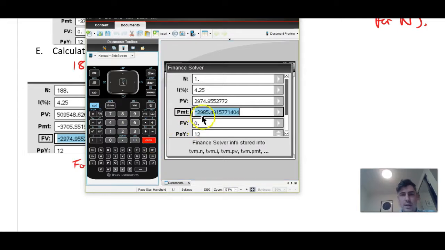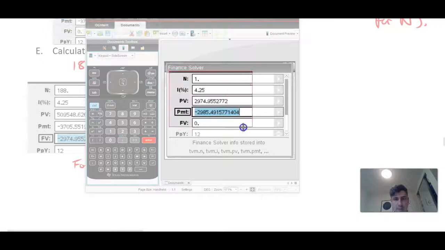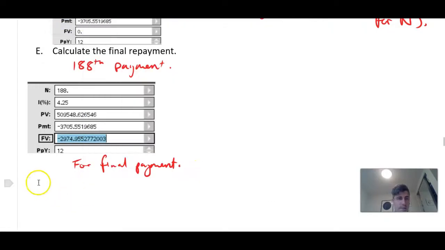Enter. And you can see here that even though we owed 2,974, they're going to charge us 2,985 because we left it one more month. And that's what loans do. The final repayment will just add on a little bit there. So the final amount is in that box there. I'm just going to copy paste that into our workings.